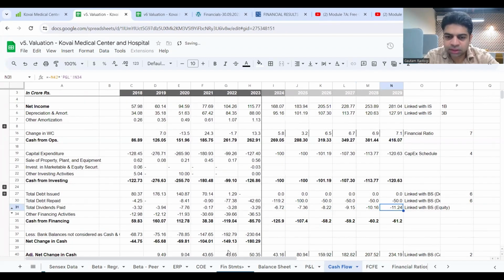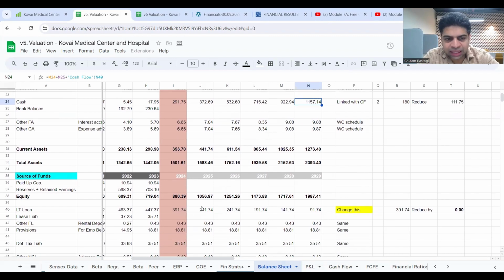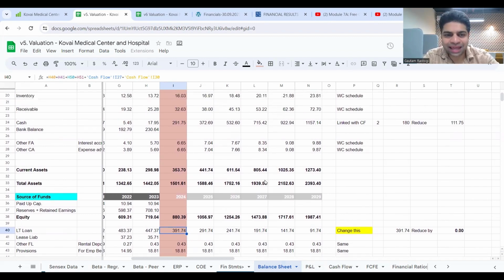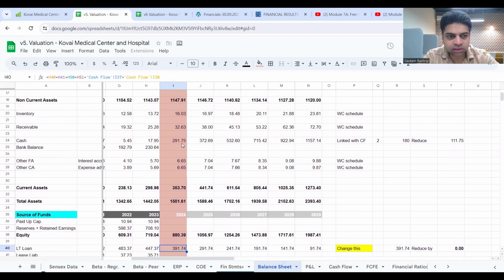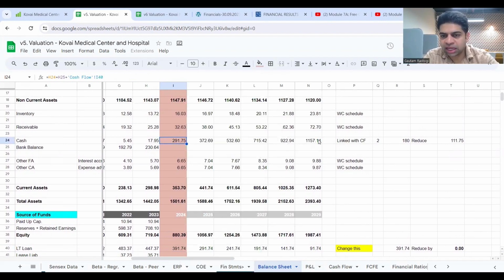Now let's see how much cash they have. If they keep on doing that, their debt reduces from almost 400 today to less than 100, 5 years out, and the cash reduces from almost 300 CR to 1150 something. Still, they have a lot of cash.